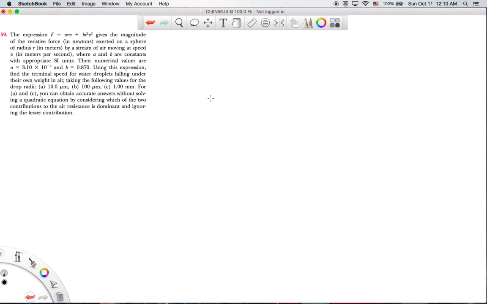Okay, so let's start with part A. We're given the expression force equals ARV plus BR squared V squared. We want to find the terminal speed, so we want to find V. But it says in the question that we can ignore one of these two parts, depending on which one's more insignificant.